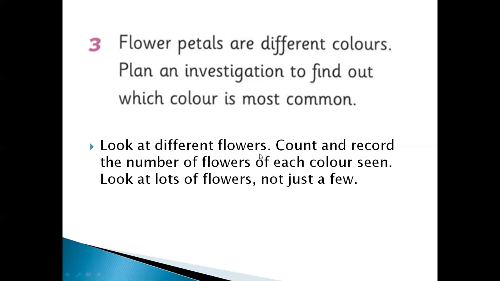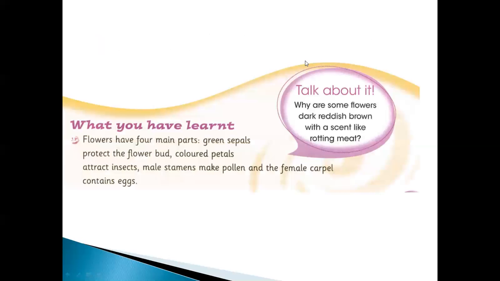If you want to make a record of different colours of flowers, you need to collect more than 10 flowers, as many as you can collect near your home, if you cannot come to school. If there is any park or garden, you can visit and collect the flowers. After collection, you can check their different colours.